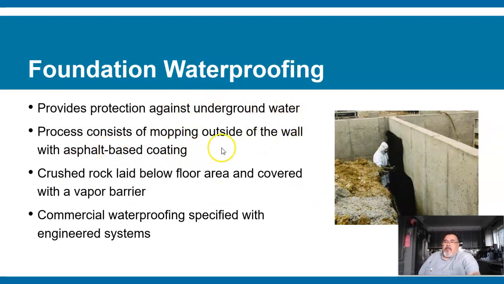And see, he does what's called a mopping with an asphalt coating. And then they put crushed rock at the bottom that's also covered with vapor barrier. That also keeps the water from collecting and pooling up. And then they put waterproofing specified with some type of engineering system.